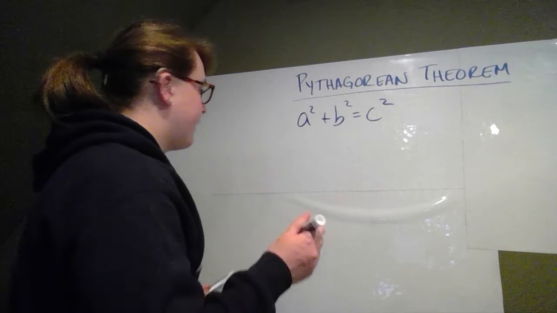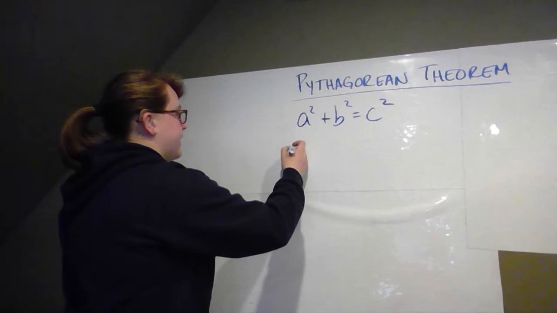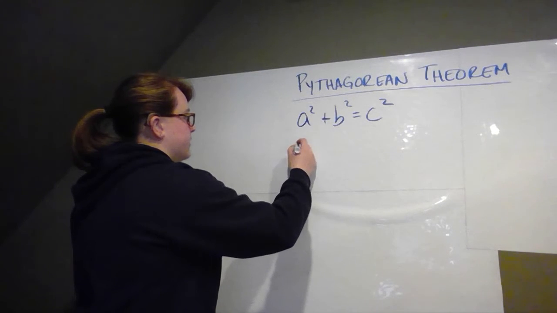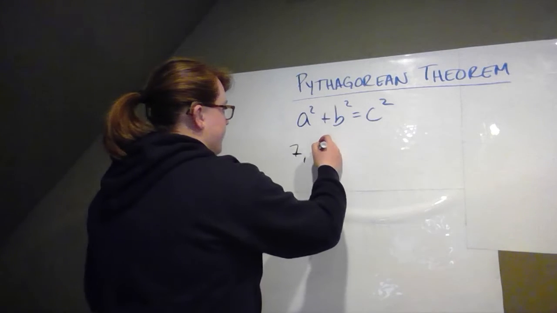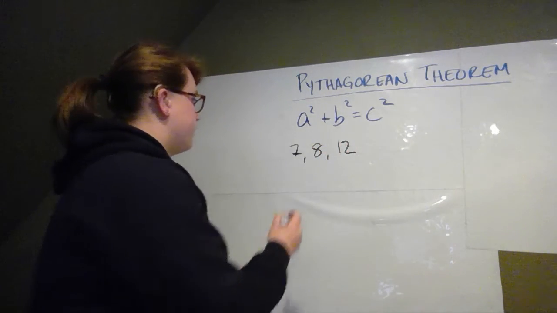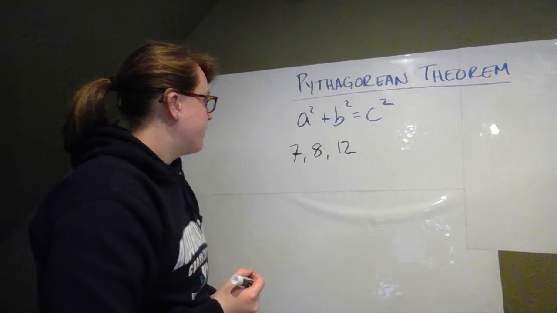So let's go ahead and take a look at, let's say our triangle has sides that are 7, 8, and 12. We're going to see if 7, 8, and 12 will make a right triangle.